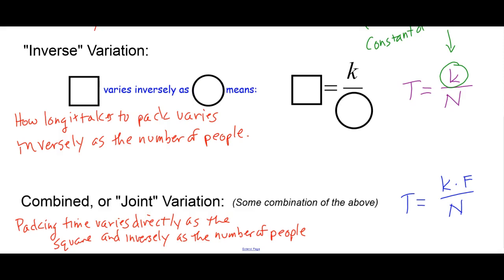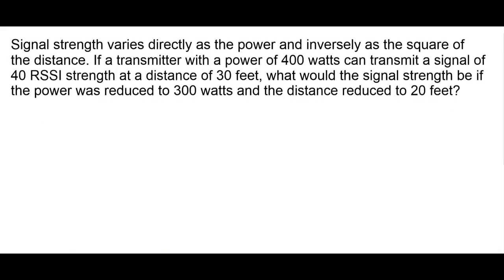The real tricky part of variation problems is how you actually work through the sorts of problems that you're asked. So let's look at an actual example. This example here is a pretty standard type of problem that you run into when you're doing variation. And there are really three main steps to these sorts of problems.